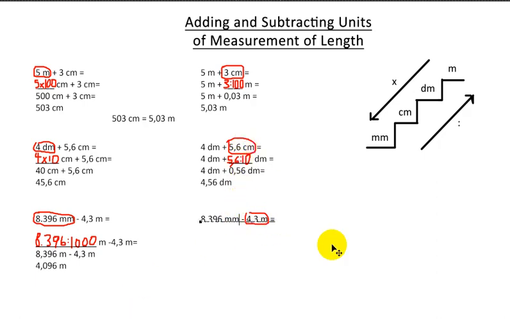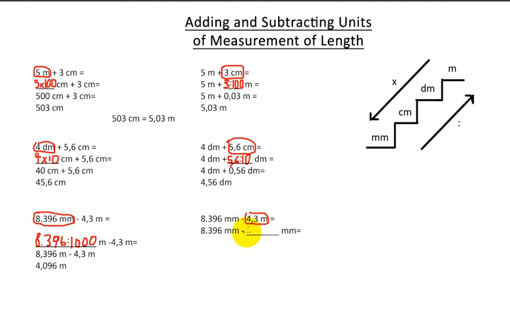Let's do this last one. Here we have 8,396 millimeters. Rewrote it the same. The line, and here, what do we want to turn this into? Into the same as this, so millimeters. Okay, how do we turn this into millimeters?